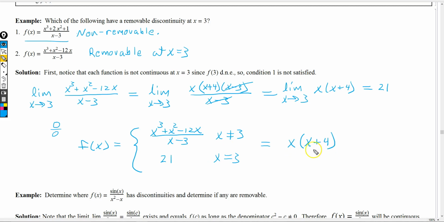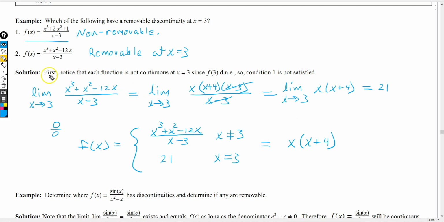Notice if I put 3 in here, I do get 21. And if we come back to our original function, if we were to factor the numerator and denominator and cancel the x minus 3's, we get x times x plus 4. So that's all that we would be doing here.